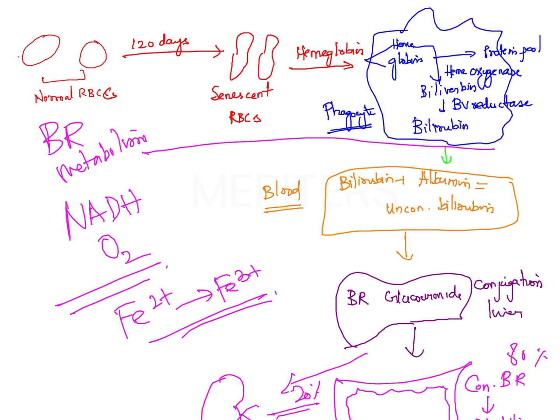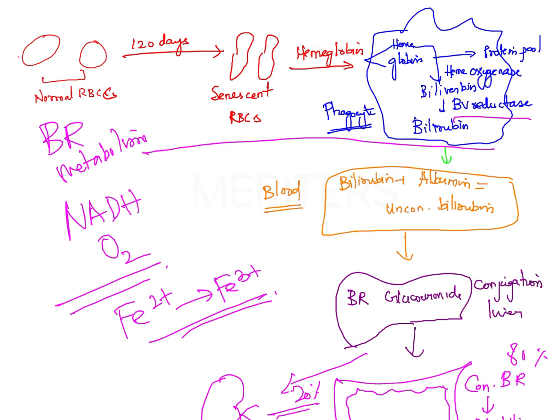The next process is going to be by the same enzyme system. A second oxygenation will result in the cleavage of the porphyrin ring, so iron and carbon monoxide are released in addition to the green pigment biliverdin, and this biliverdin is reduced to bilirubin by biliverdin reductase.